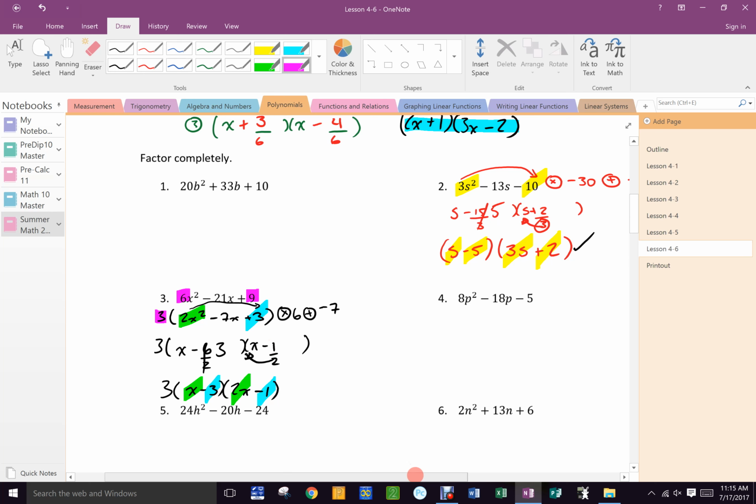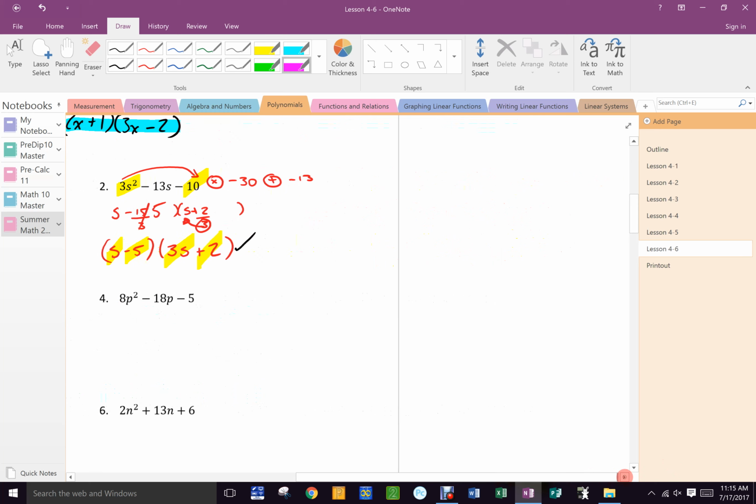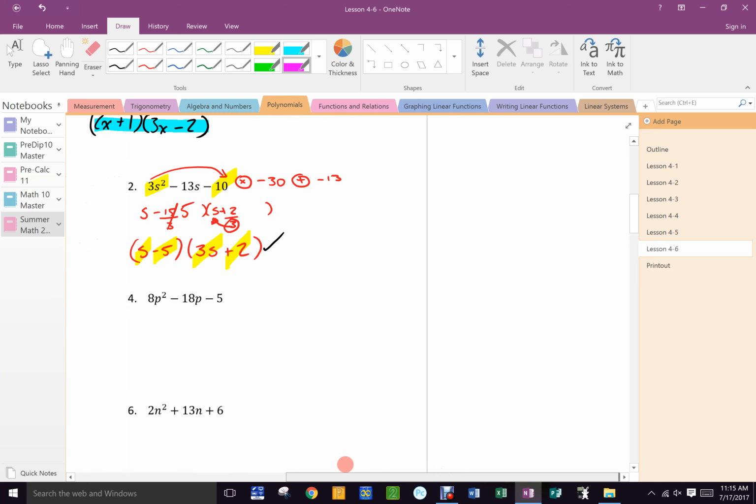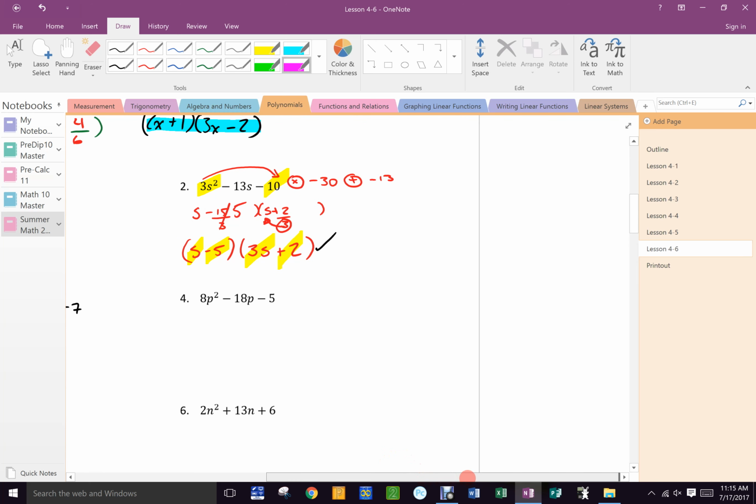Don't write down what I'm about to do. You probably learned, if you were doing this from another teacher, I bet you learned one of these 2 methods.